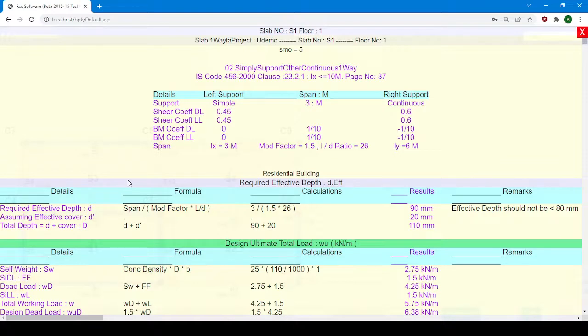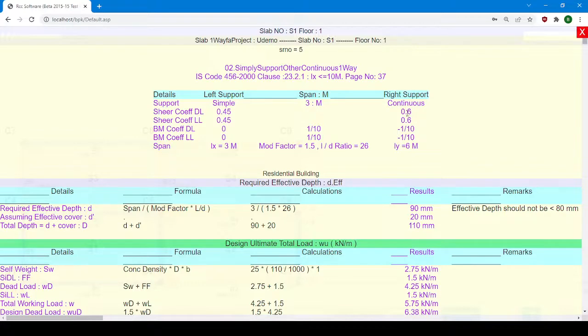Slab number S1, floor 1, simply supported on one side and continuous on the other, one way. As per IS 456-2000, clause 23.2.1, if Lx is less than or equal to 10 meter, these are the coefficients: left support 0.45, right support continuous 0.6.